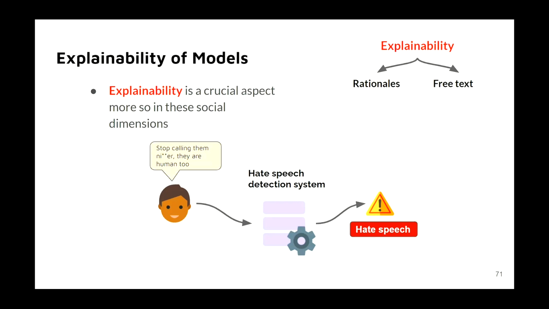Hence, explainability is required. Two of the methods are explainability using rationales, and the other is free text. In rationales, usually we highlight some words to justify the label, and in free text, it's more of an excerpt which is explaining the label.